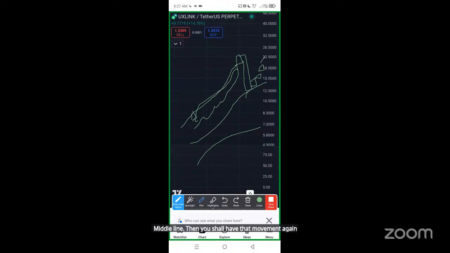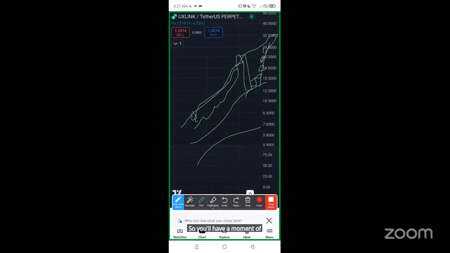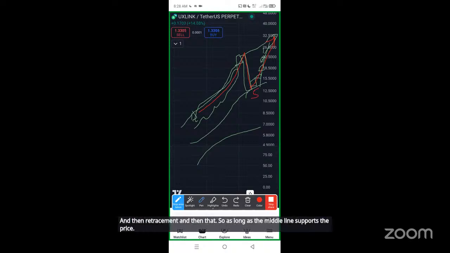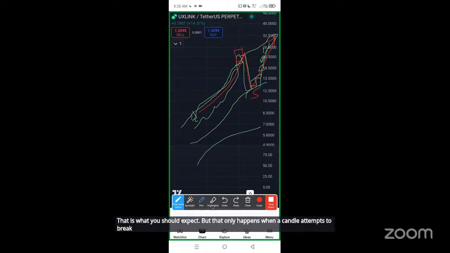So momentum will be gathered, and then we're going to have the trend continuing like that. So you'll have a move, then a retracement, and then that. As long as the middle line supports the price, that is what you should expect. But that only happens when a candle attempts to break above the upper band.